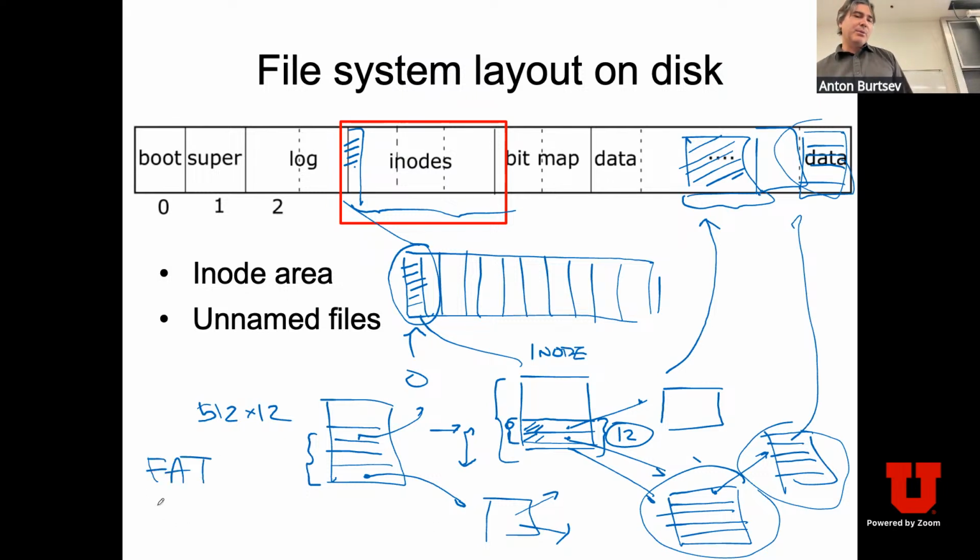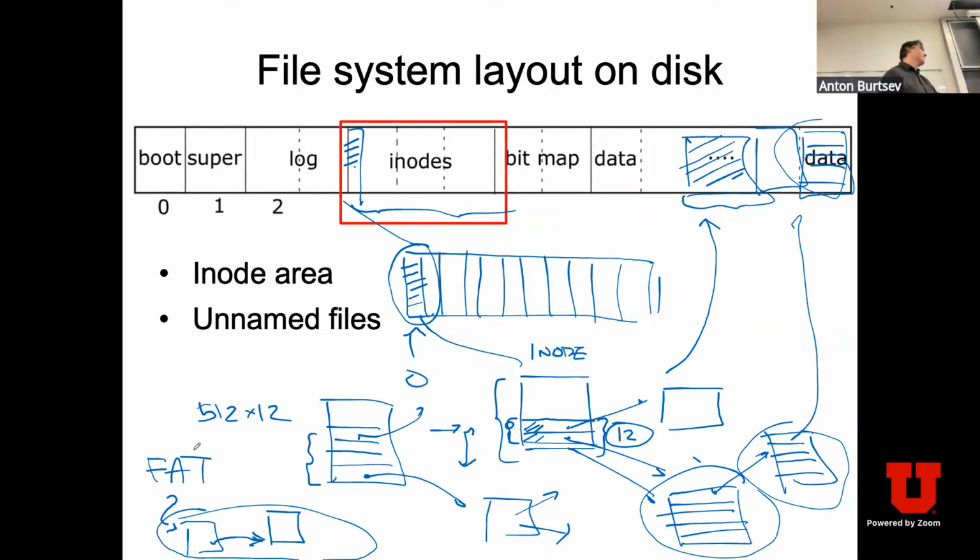Instead of having a tree, they had a linked list. So essentially they allow files of unlimited size by using a linked list instead of a tree, right? And if you want a larger file, you just add a new element to this list, right? Makes sense? We'll come back to inodes later, but this is just to understand how it works.